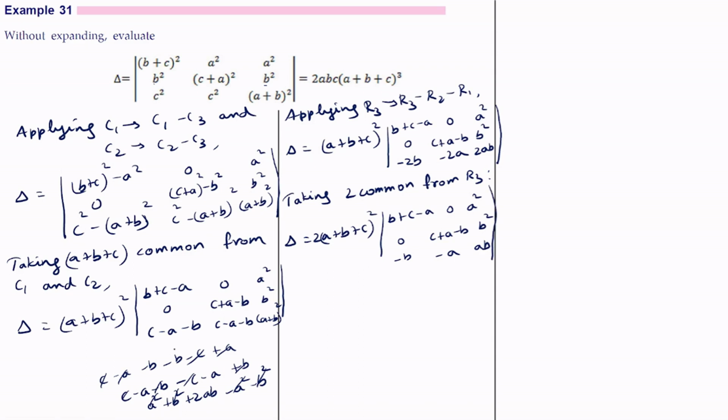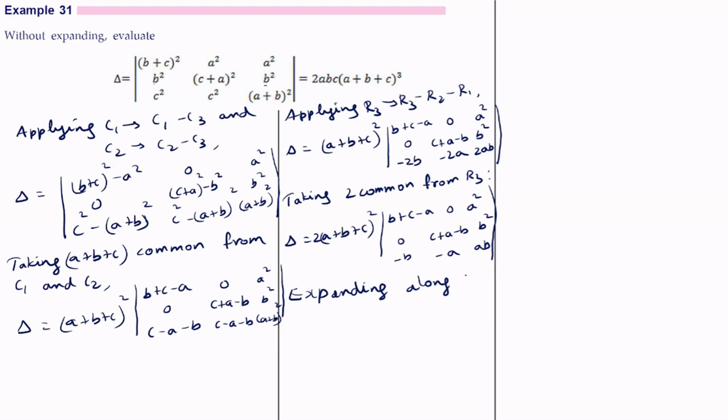So we have used the properties of determinants, and we have simplified the given determinant up to this step. Now we can expand along R1. Expanding along R1, delta becomes 2 into a plus b plus c the whole square into b plus c minus a into, here it is c plus a minus b into ab.